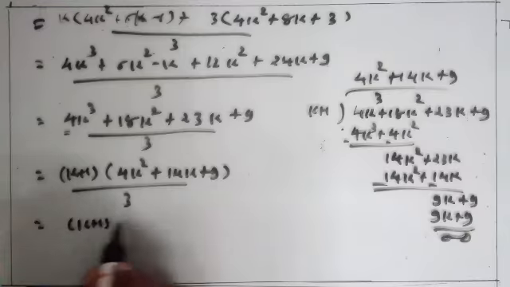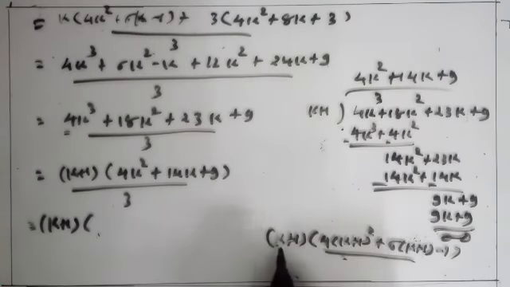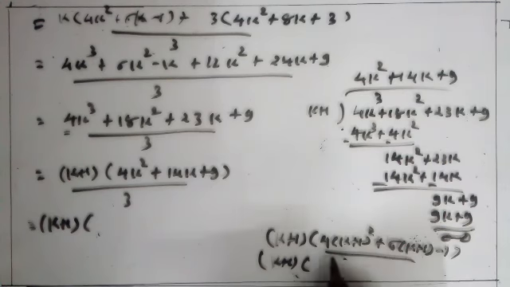Now we want to get the right side: (k plus 1) times (4 into (k plus 1) square plus 6 into (k plus 1) minus 1), that is, to get k plus 1. Here 4 into (k plus 1) square, that is k square plus 2k plus 1.